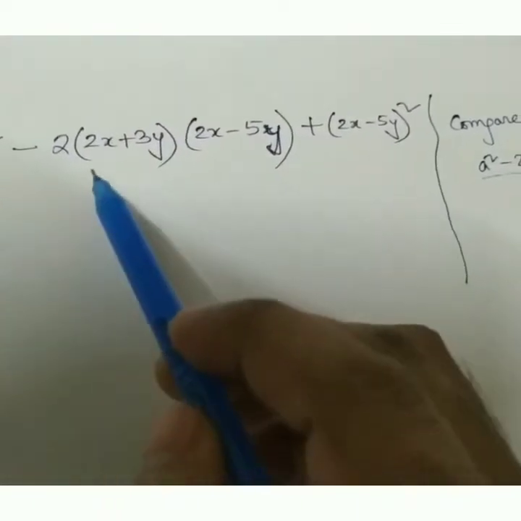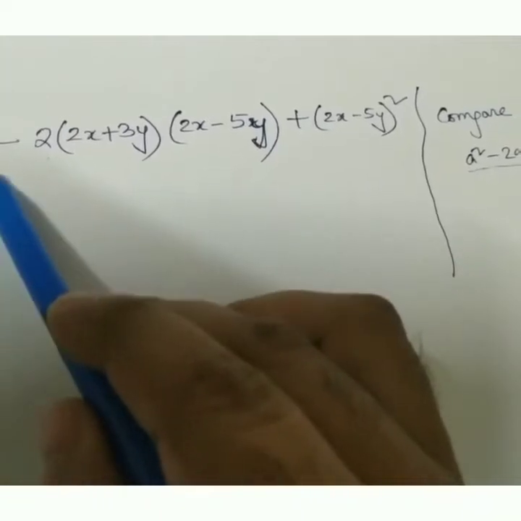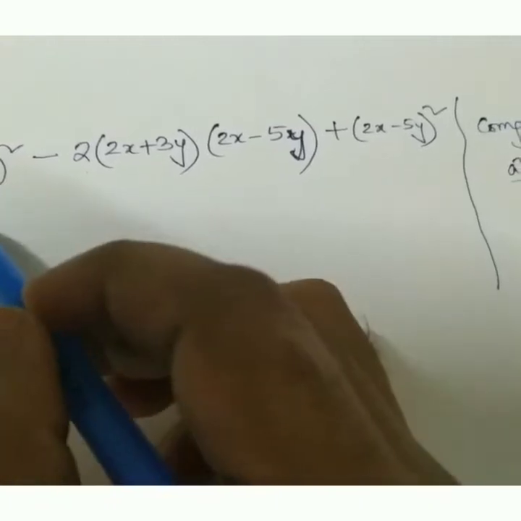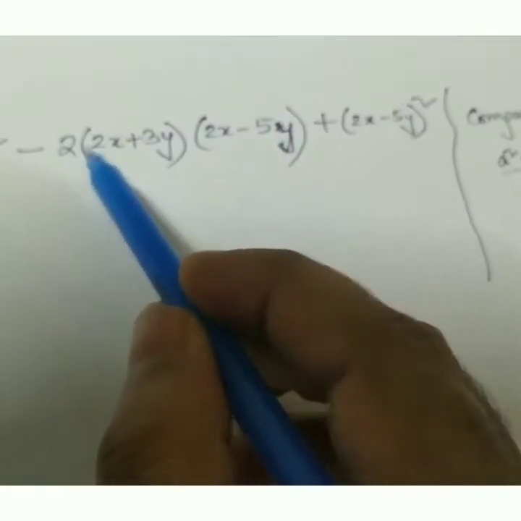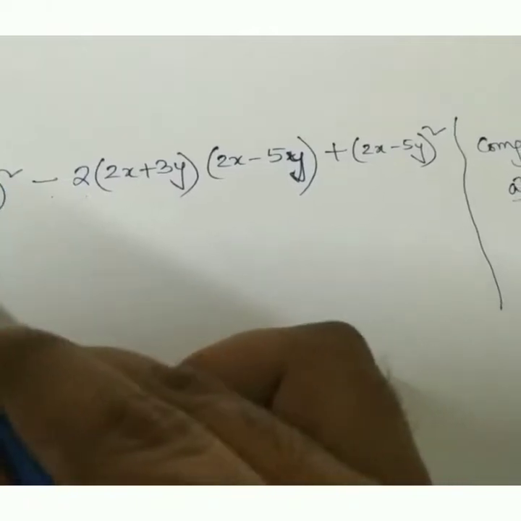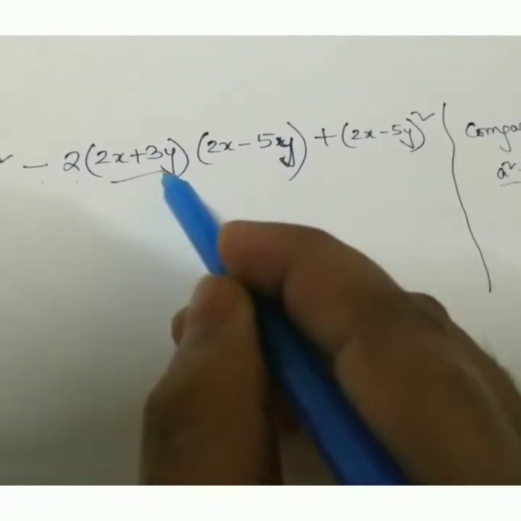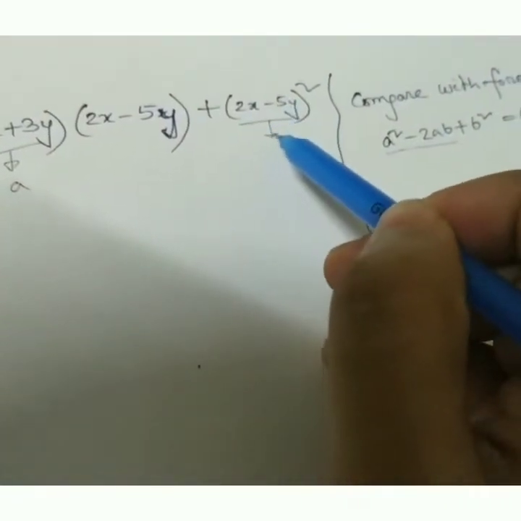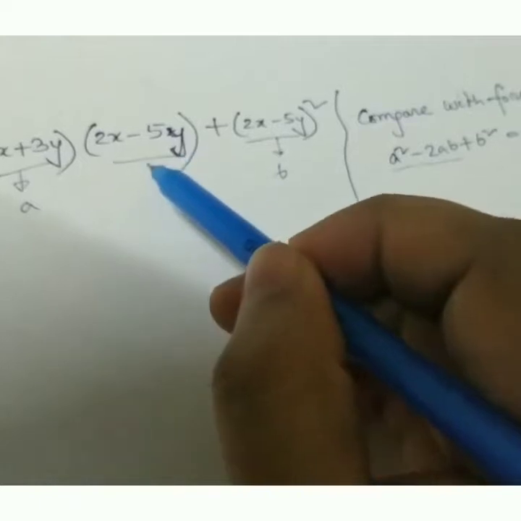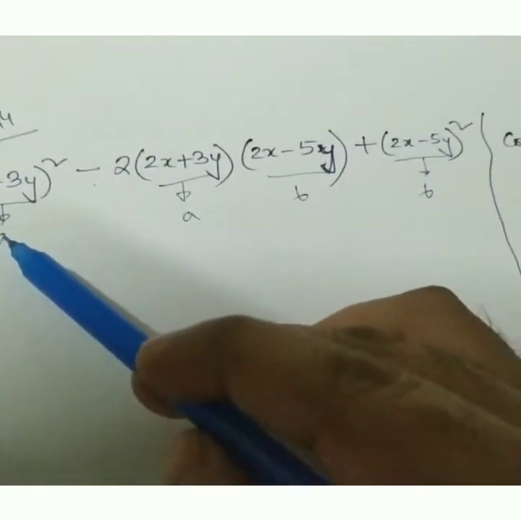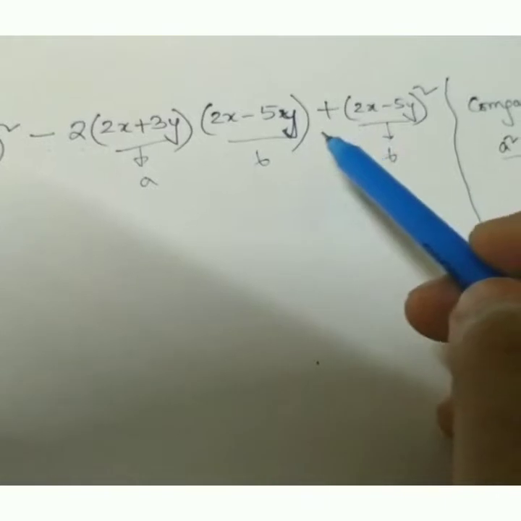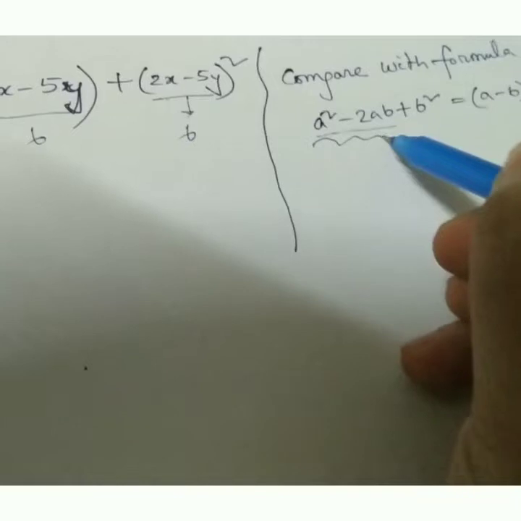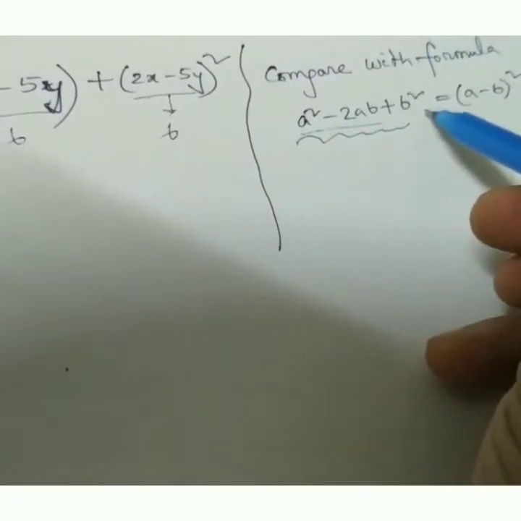If you consider 2x plus 3y to be a, and 2x minus 5y as b, then this is a square minus 2ab plus b square.